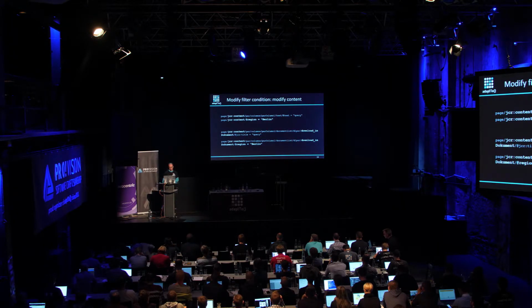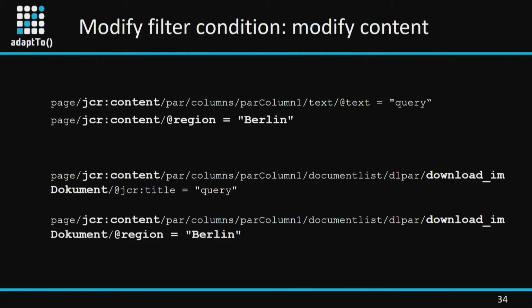The content could be like this. You add the further property, the region property, to the CQ page content nodes and to the download nodes.